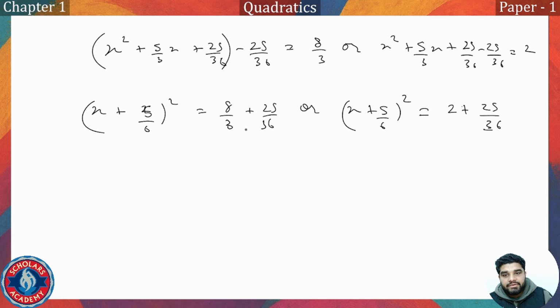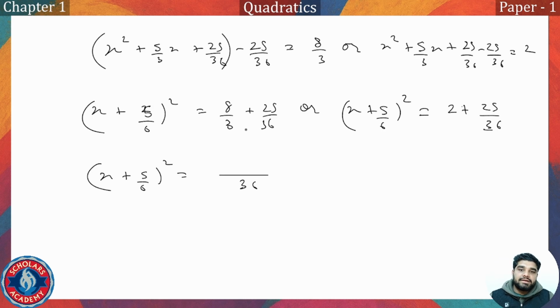Simplify it: we take the LCM, 36. 12 eighths is 96, and 96 plus 25 is 121.